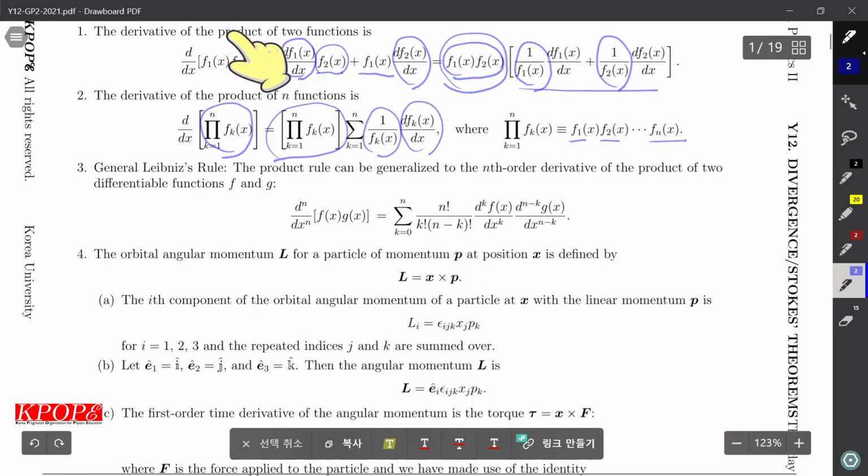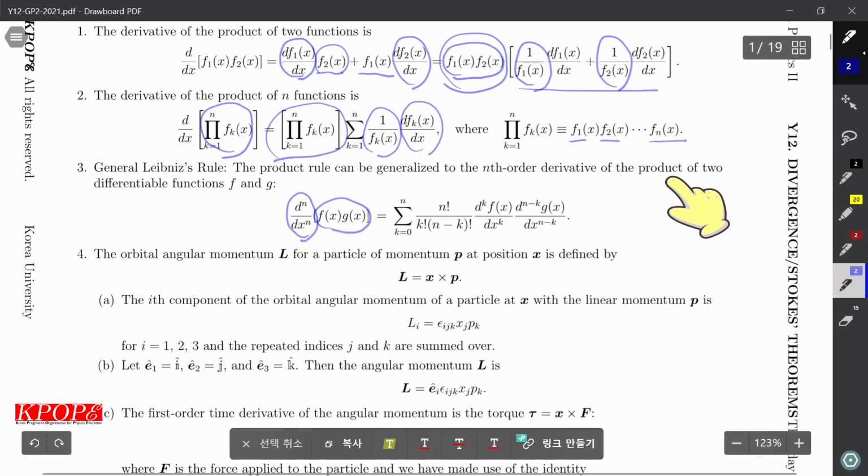This is the product derivative, the first order derivative of the product of two functions, but we can compute the nth order derivative of a product of two functions.